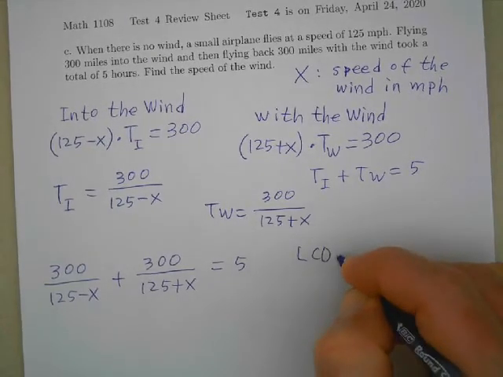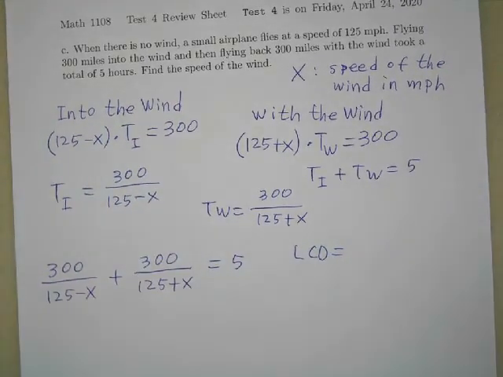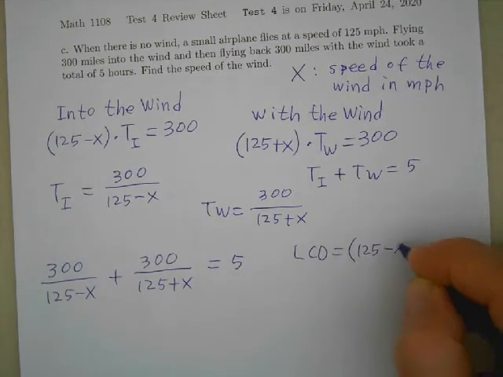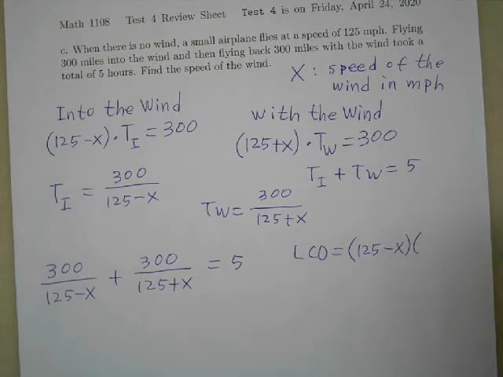We see that x is in each of two different denominators. So we're going to multiply every term on both sides by the least common denominator, 125 minus x times 125 plus x.